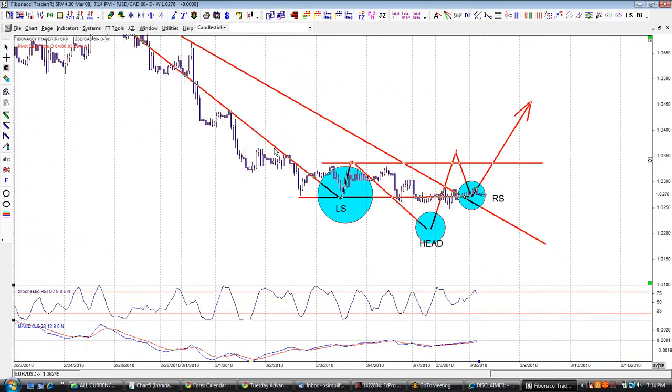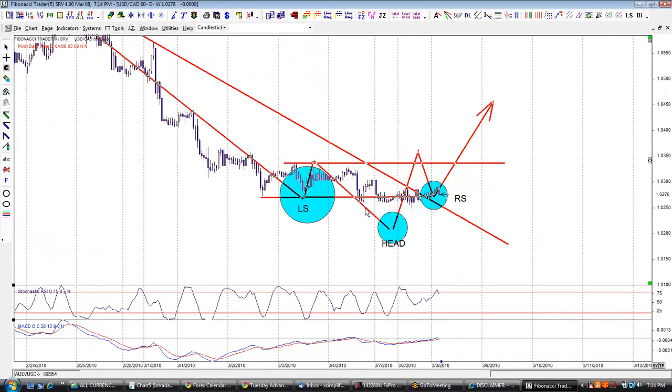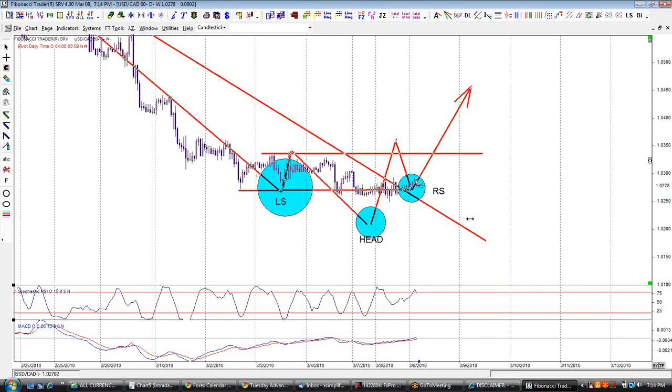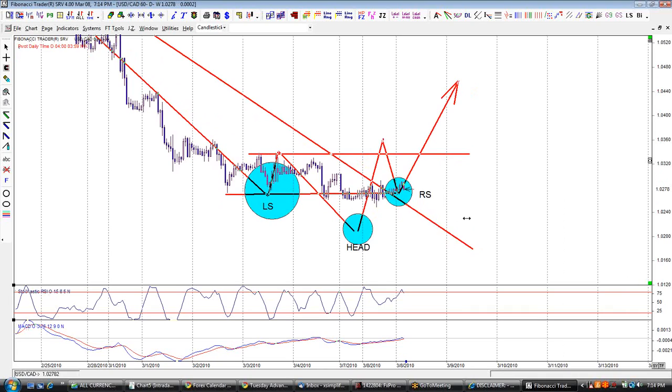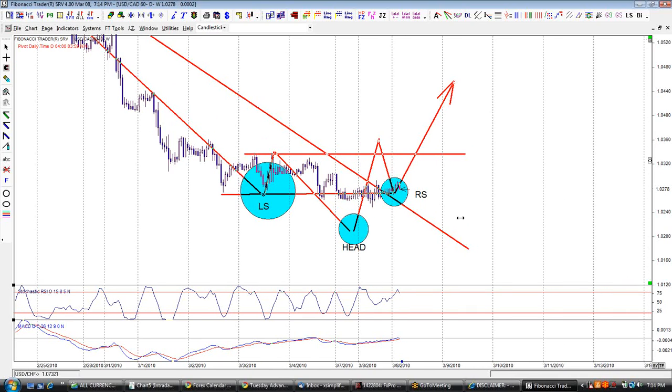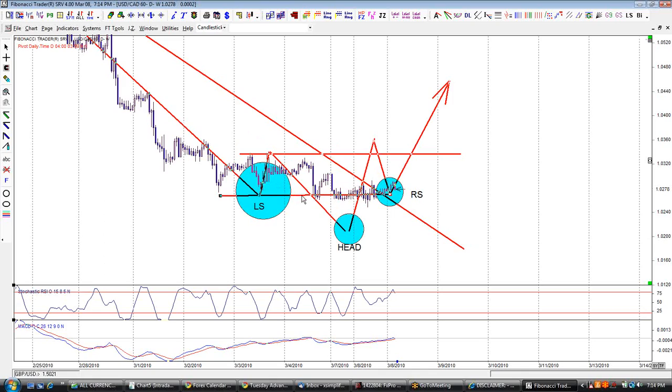Now I was hoping that we can get some kind of head and shoulders pattern. We didn't quite get one here, but we broke the trend line. This is like a horizontal break. I'm not so thrilled about this break.